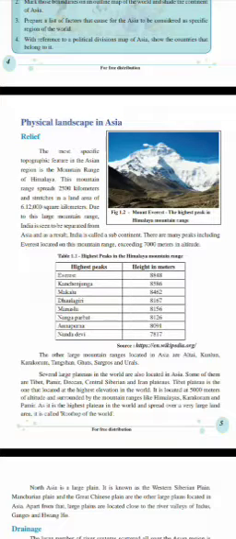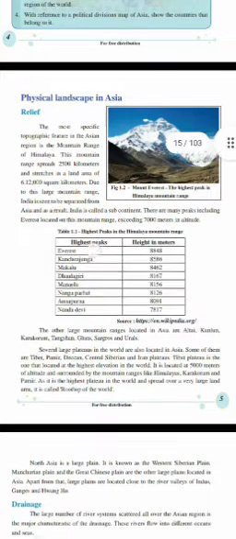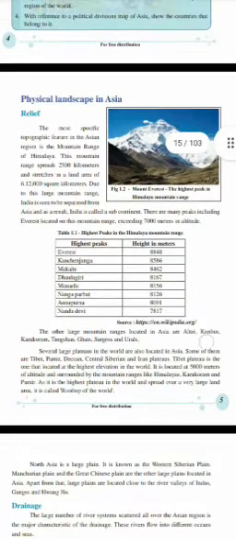Everest, 8,848. Kanchenjunga, 8,586. Makalu, 8,146. Dhaulagiri, 8,167. Manaslu, 8,156. Nanga Parbat, 8,126. Annapurna, 8,091. And Nanda Devi, 7,817.